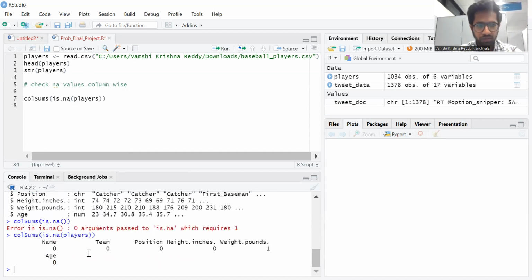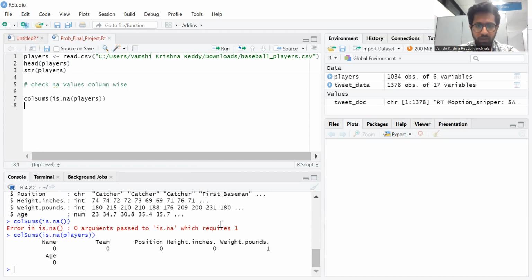Here you could see in the name column there are zero NA values, team column zero NA values, and in the position and height columns there are zero. And if you observe, there is one NA value in the weight column. We're going to remove that one NA value and replace it with zero, as the weight column is an integer column.